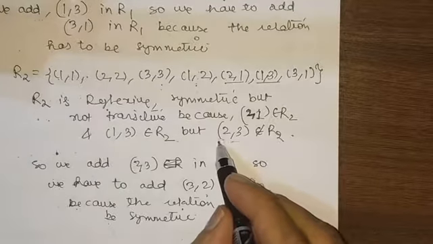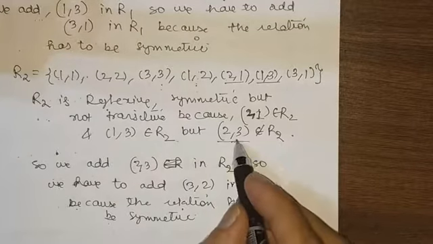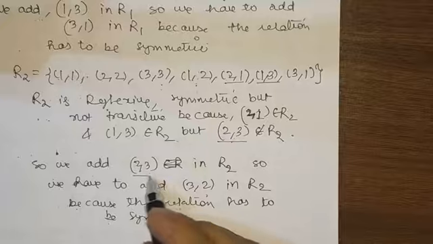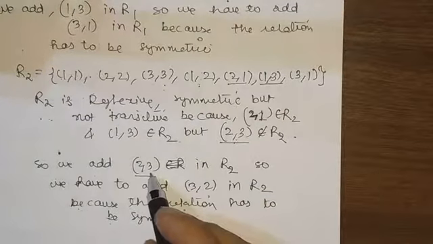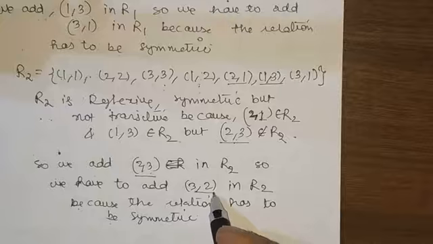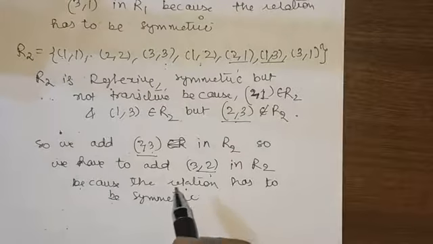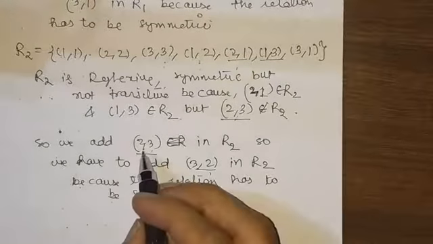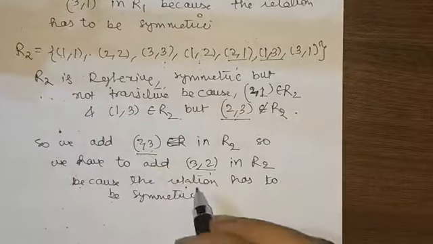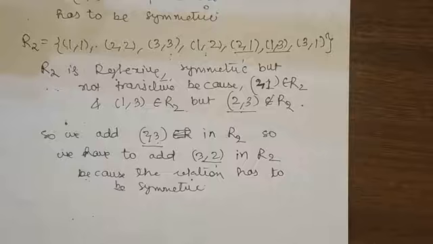Since we wanted a transitive relation, we had to add 2 comma 3, and then 3 comma 2 also has to be added to R2 for symmetry.